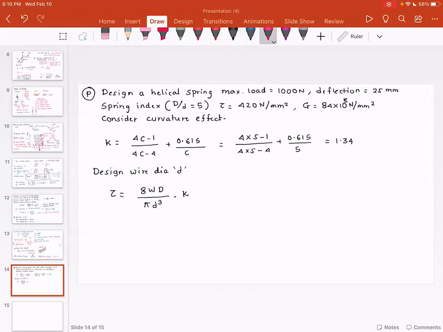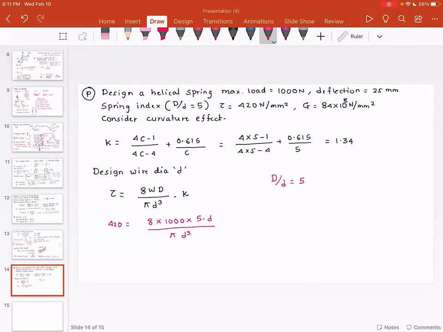And please note, the tau value is given to us, 420. The value of capital diameter D is 5 times the small diameter, because the spring index D divided by d is equal to 5 is given to us.